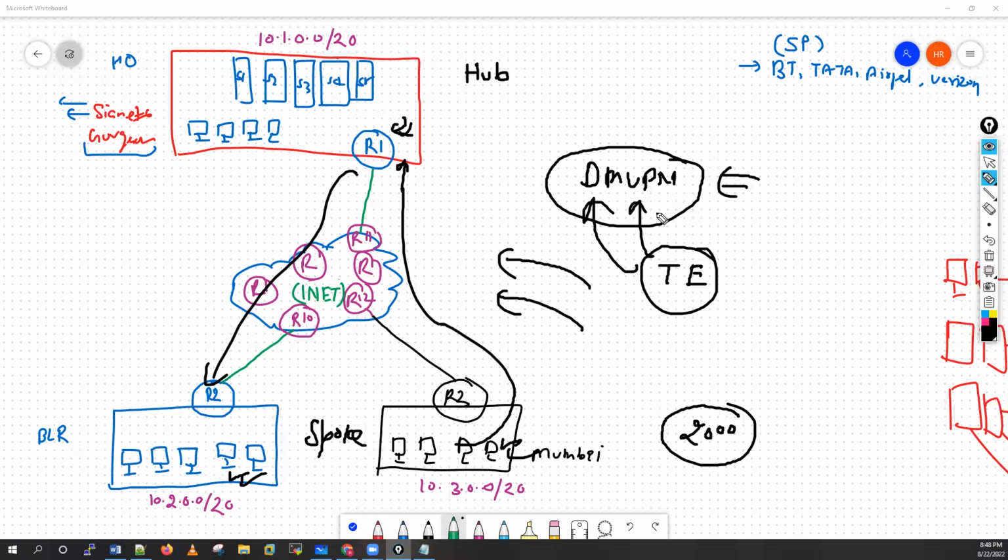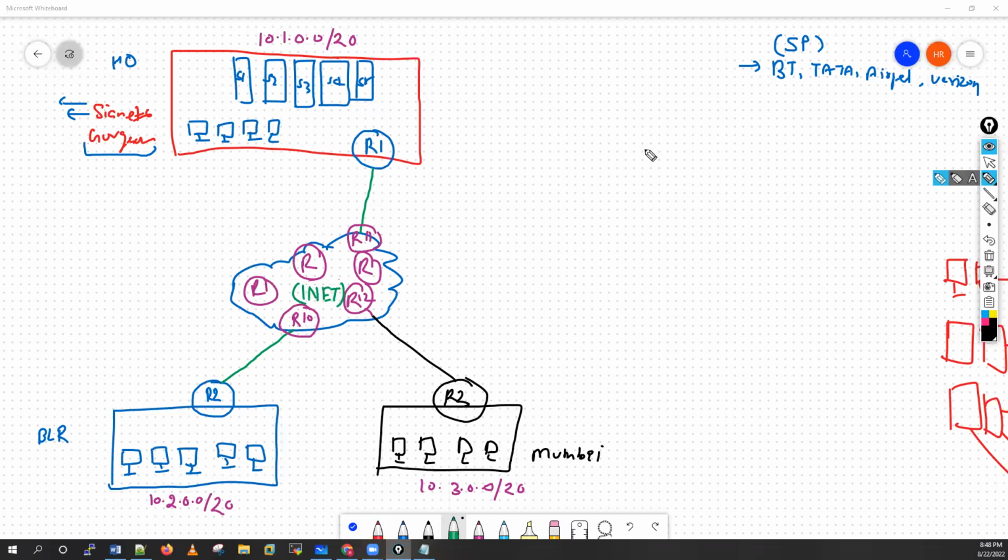with DMVPN, it becomes very hard to manage. Basically it becomes a very complex solution, because think about it, you have 2000 sites, you have to create 2000 VPN tunnels, you have to write the configuration, and let's suppose if something bad happens and your infrastructure goes down, troubleshooting your VPNs becomes a very tedious job. So what people have done is one small thing.